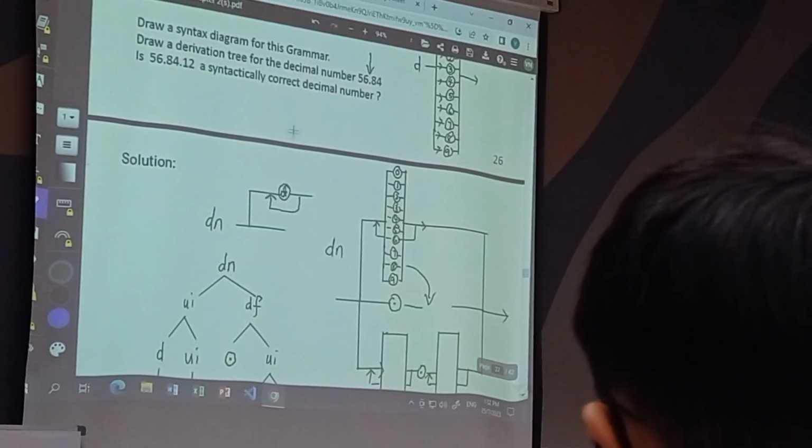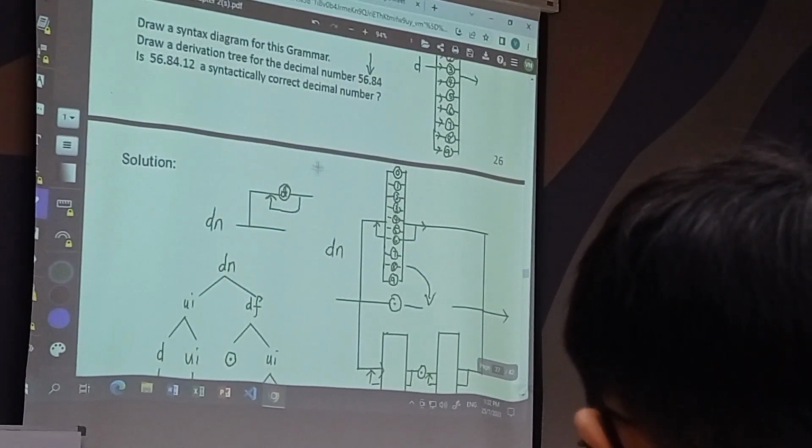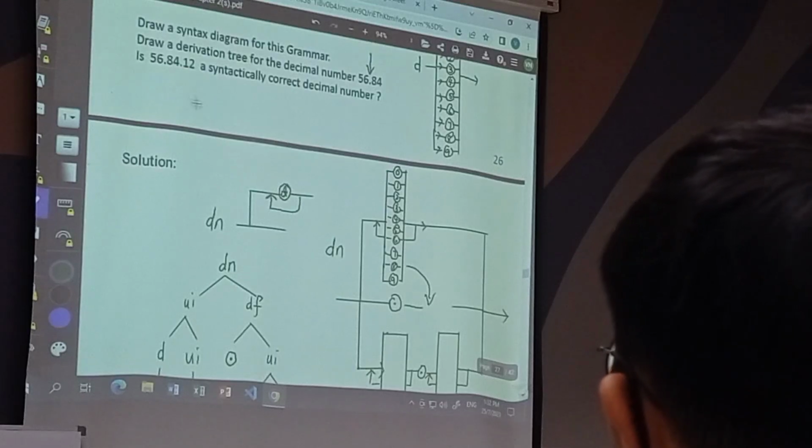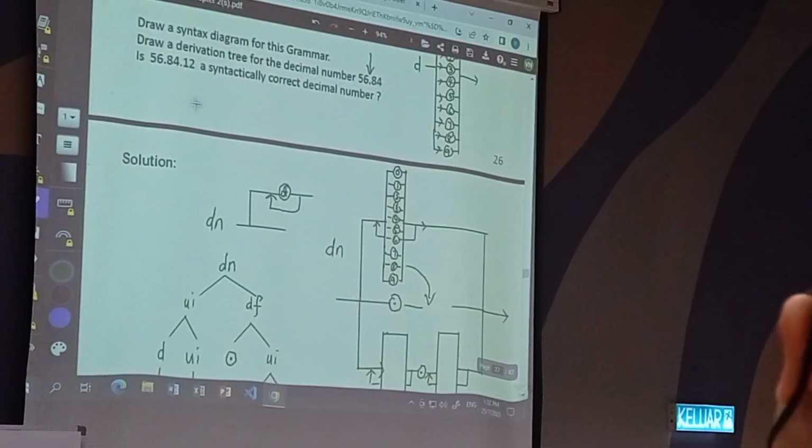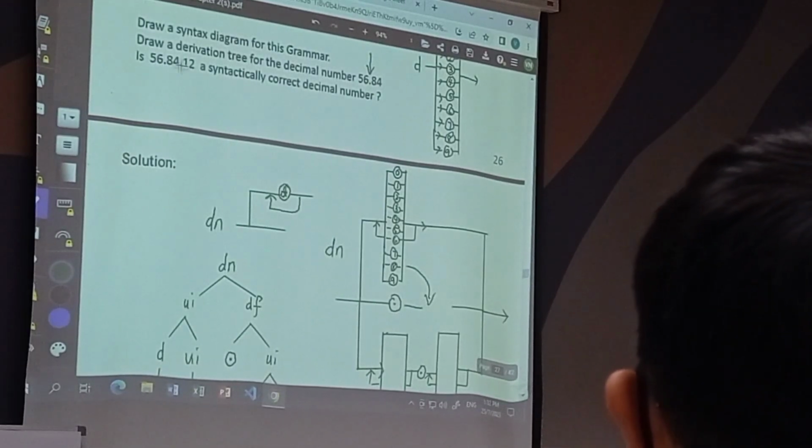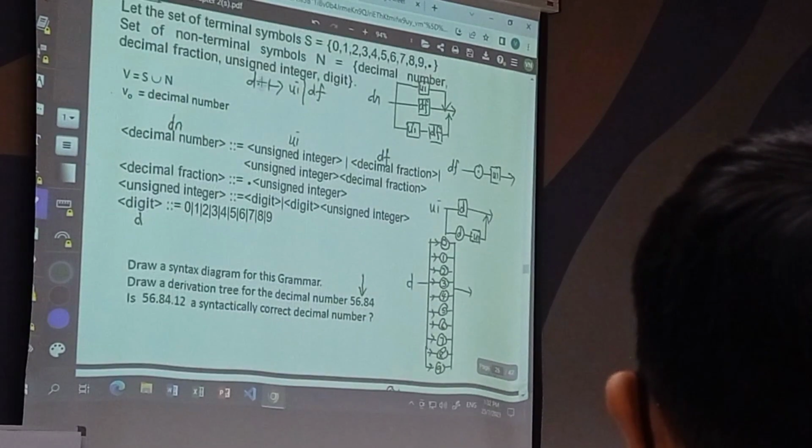What do you think? No? Why no? 2 decimal points, right? So it is impossible for us to get 2 decimal points no matter how is our substitution, because we only have 1 decimal point at the decimal fraction here.